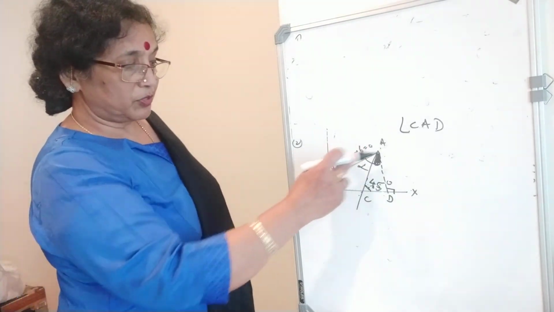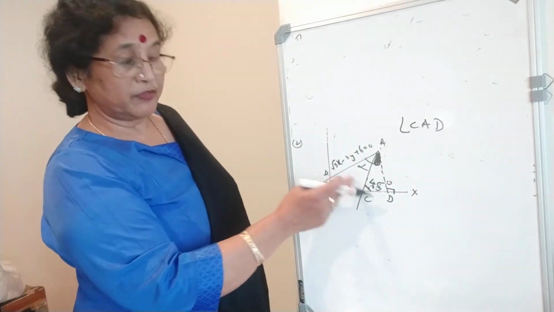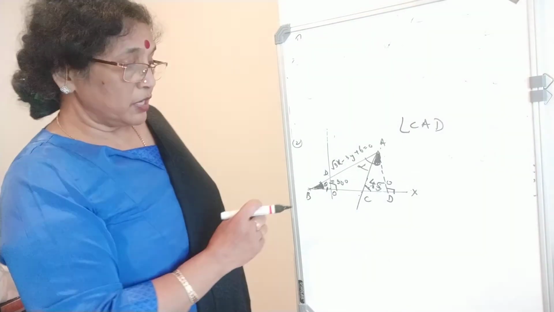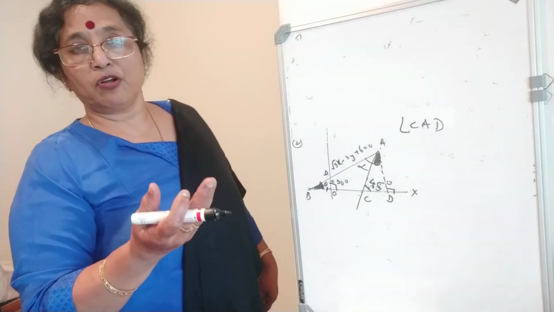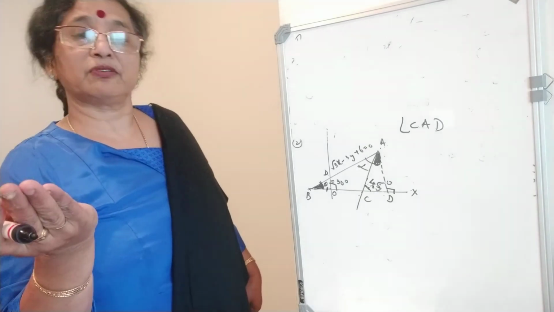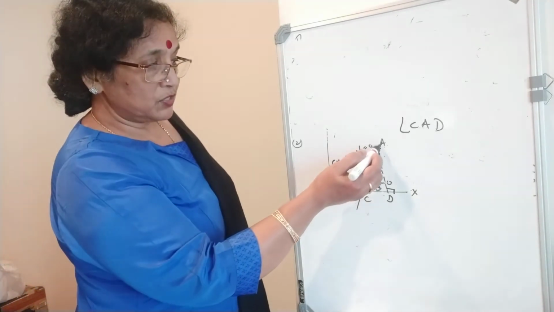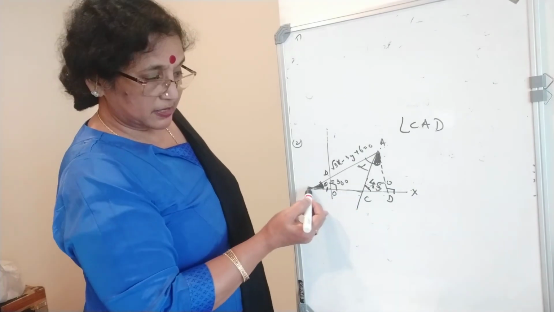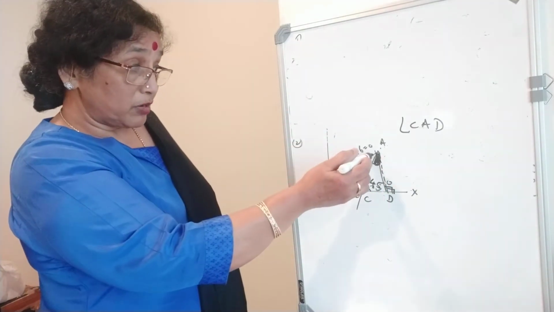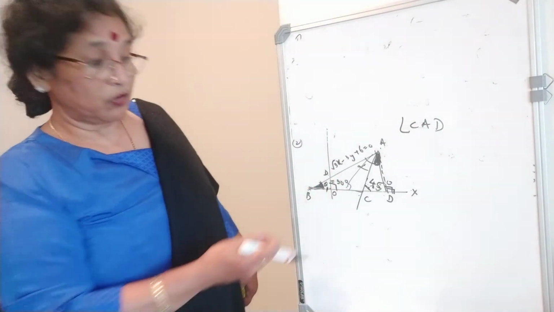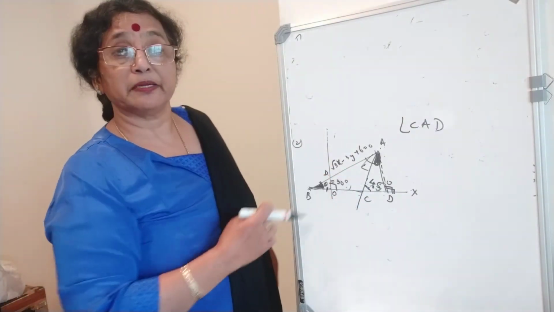Now children, this is an obtuse angle triangle. This is 135. So here only one altitude will be inside the triangle. It has 3 altitudes, so 2 altitudes will be outside the triangle. Here the shortest distance of the vertex A from this base will be this, outside the triangle. You cannot make the altitude like this and say altitude. How can you show an acute angle and say it's 90?